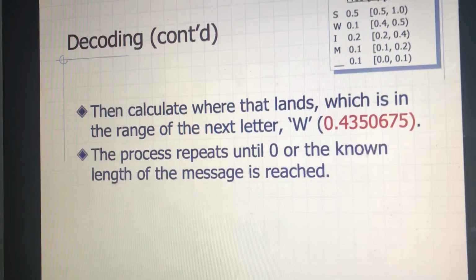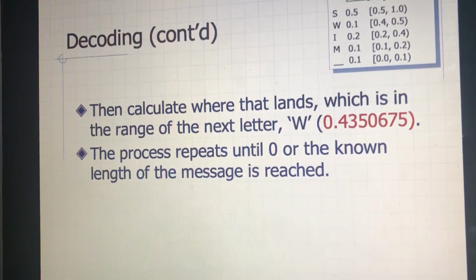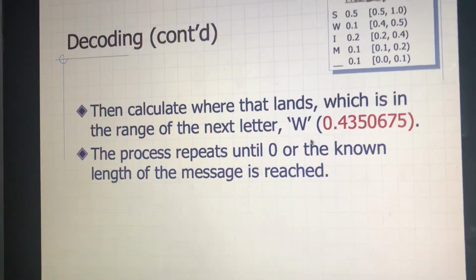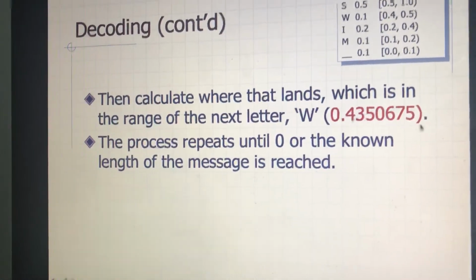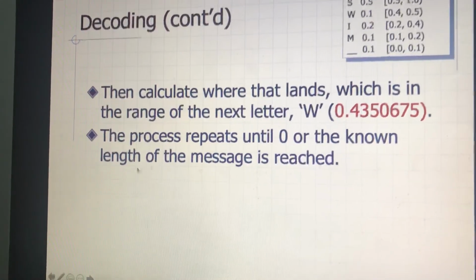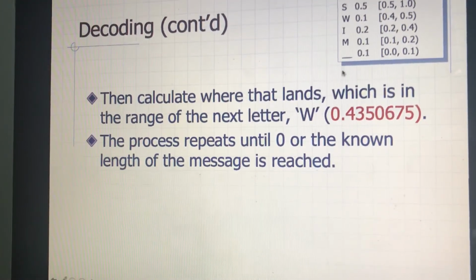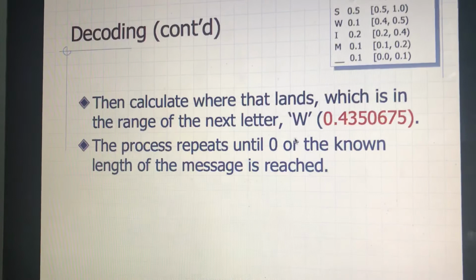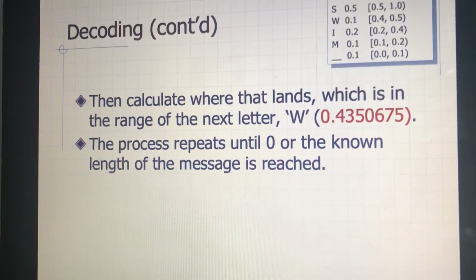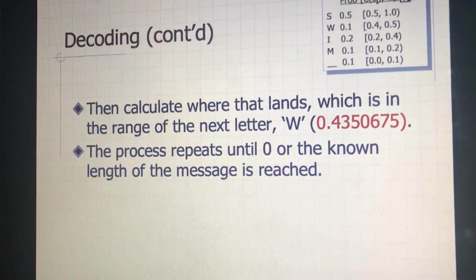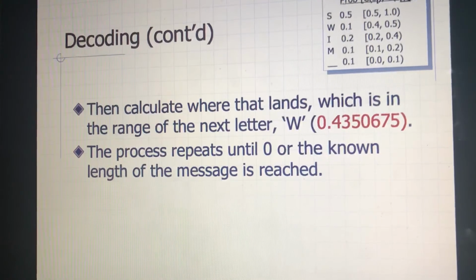So the process repeats until you get 0, or the known length of the message is reached, and you will get SWISS underscore MISS decoded.